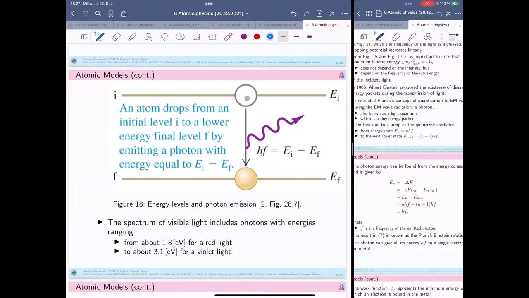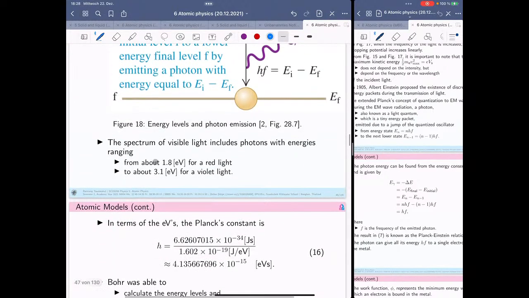When you go from the higher energy state to the lower energy state, you need to release energy, and that energy is transformed into light, in terms of a photon. It's the light or photon emitted from this electron transition.